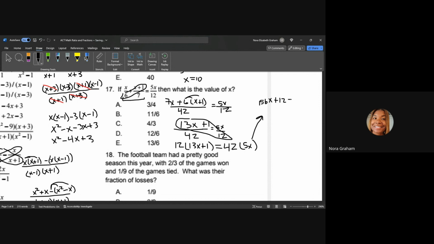And that's going to equal 42 times 5. That's 210x. Okay. Now I combine my like terms. I'm going to move that 156 over to the other side. So then I have 12 equals 54x.